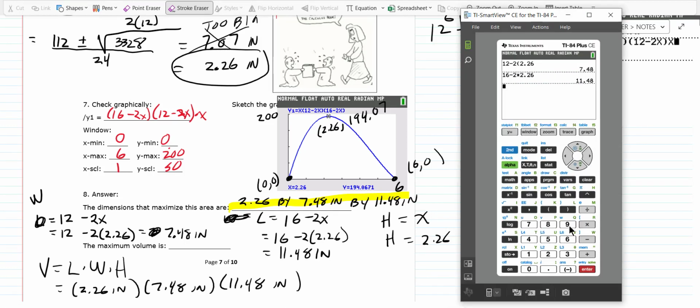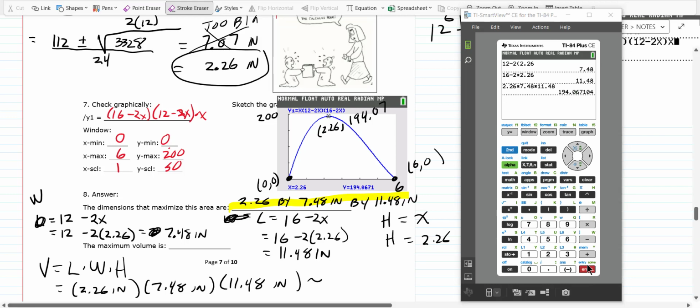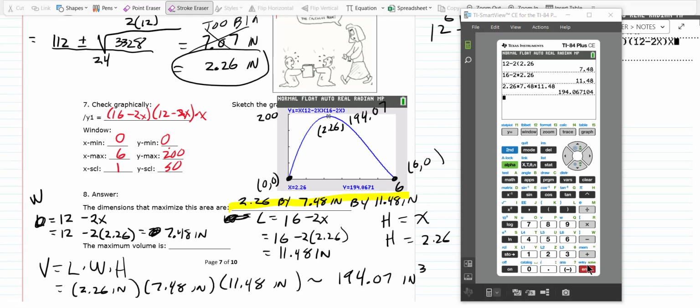So I'll go ahead and put that on my calculator. And the calculator gives that answer to you anyway, and I'll show you where that is. So we get that times this. And this would be your answer to your volume, about 194.07, and that would be cubic inches on this.